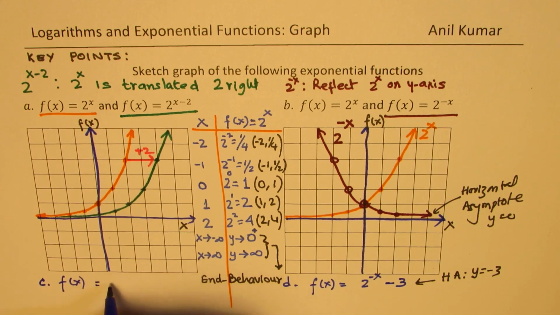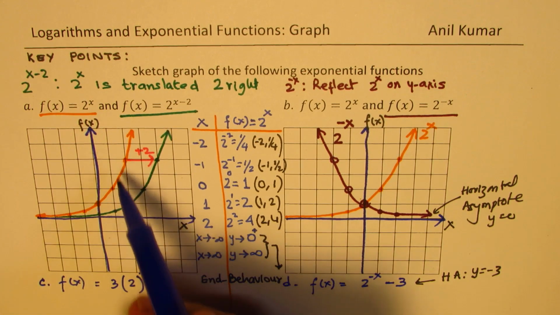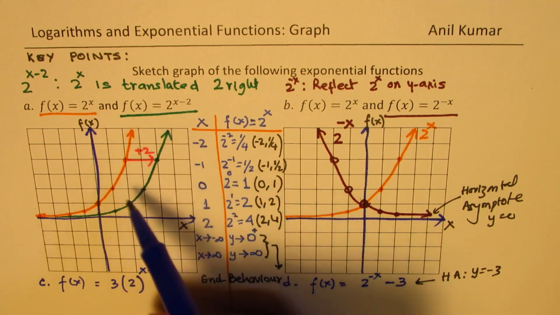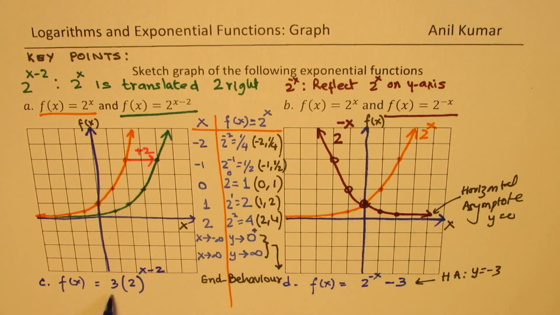So we could have 3 times 2 to the power of, let's say, x minus 2. So in that case, you can vertically stretch each point and then draw the next graph, which will have a vertical stretch. So if you do that, you will understand how we incorporate vertical stretches and compressions and vertical translations, right? So I hope that makes sense.